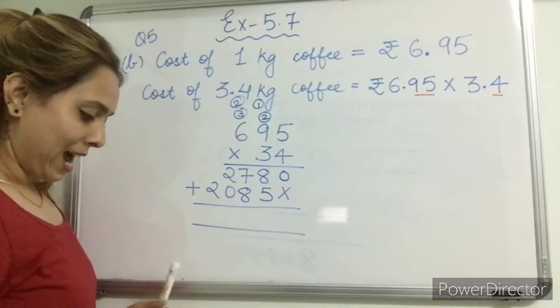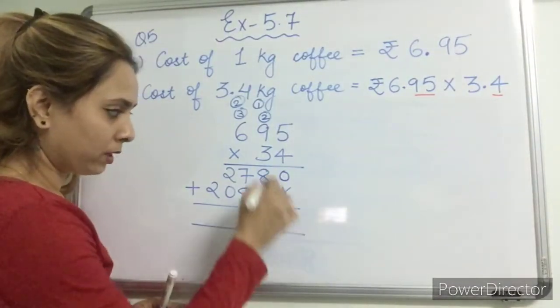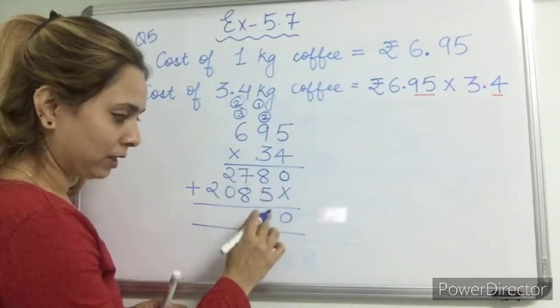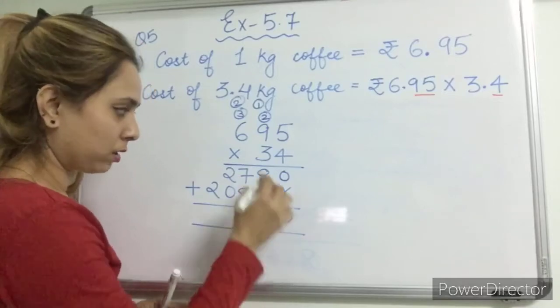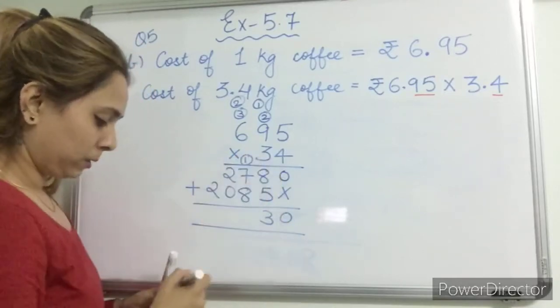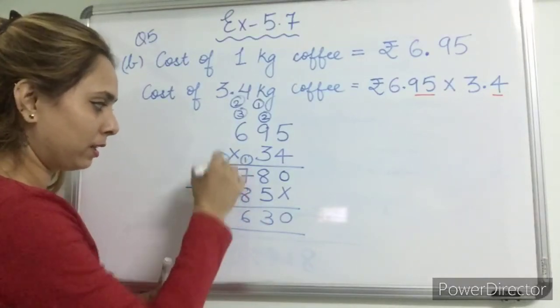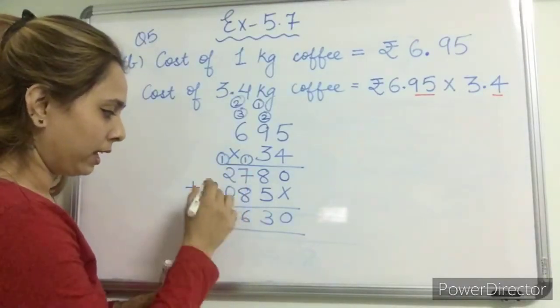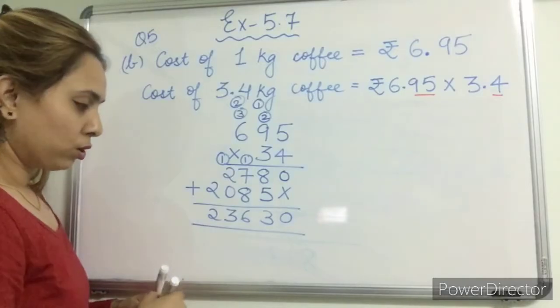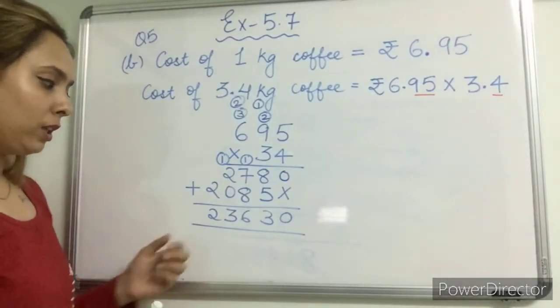Now let's add: 0, 8 plus 5 is 13, 8 plus 8 is 16, 2 plus 1 is 3, and here 2. So now we have got the answer as 23630.